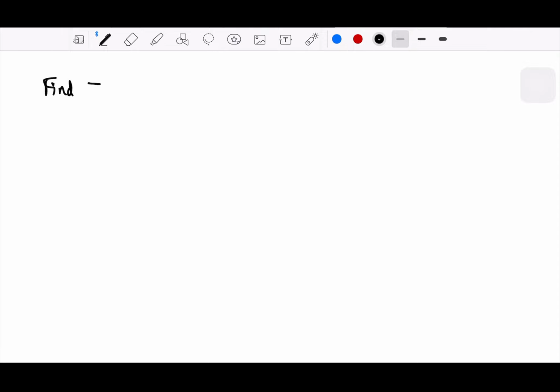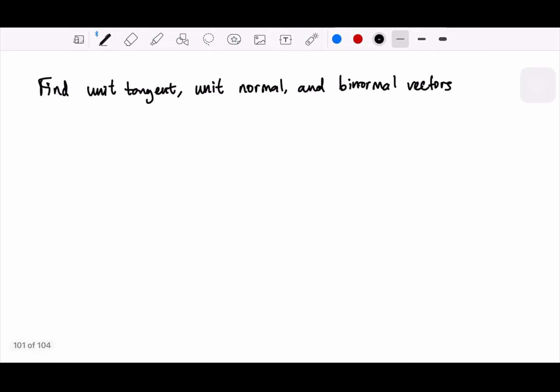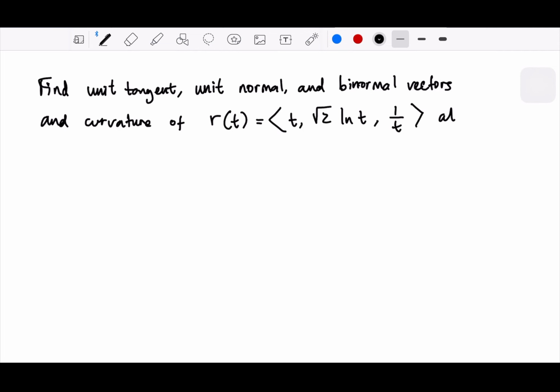Find the unit tangent, unit normal, and binormal vectors, and curvature of the vector function R at (1, 0, 1).